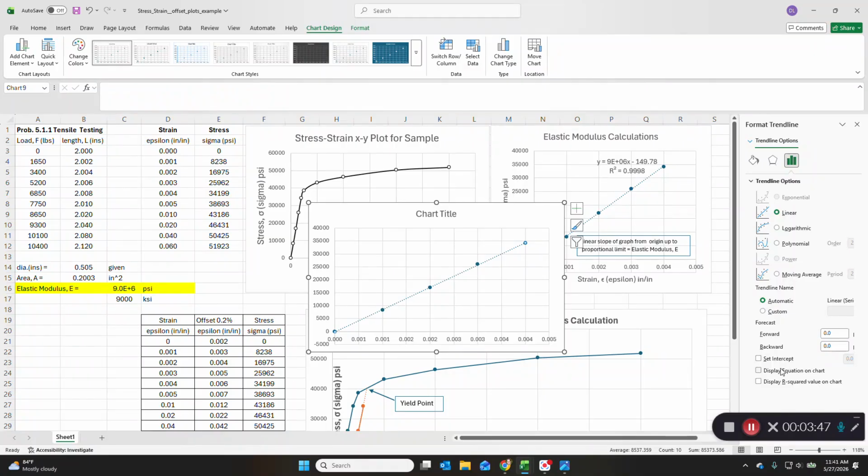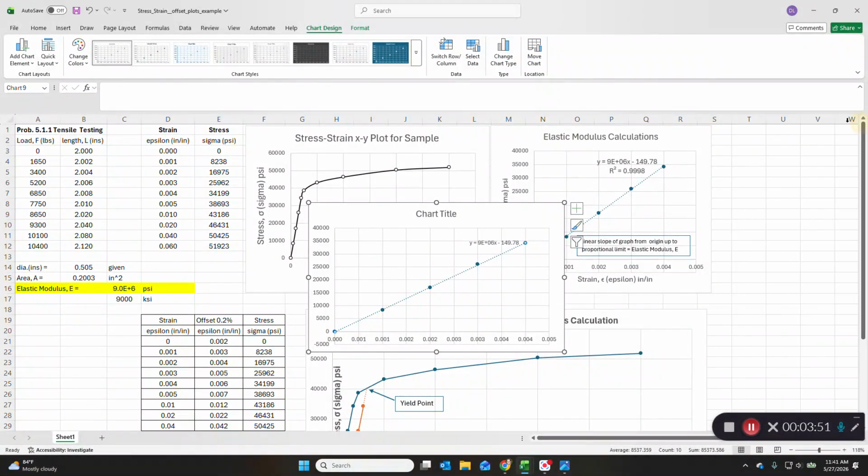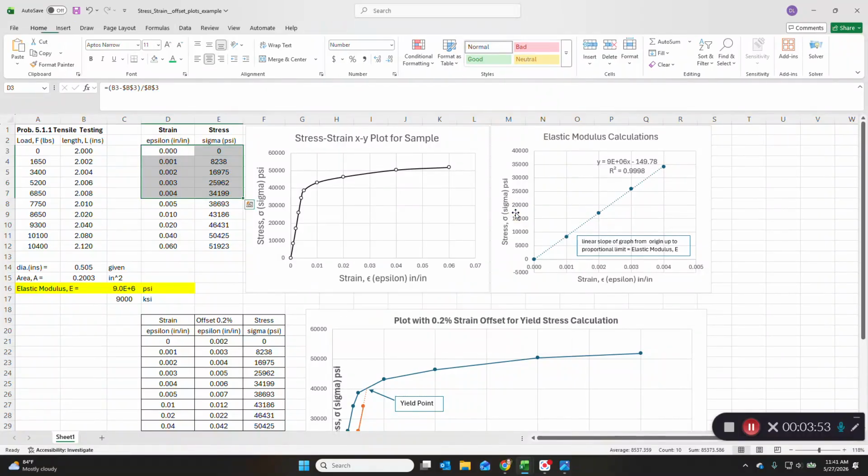And then you want the equation, because the equation of this trend line is the slope of the line, which represents the elastic modulus, which you're trying to calculate. And the slope of that line is 9 times 10 to the 6 psi, which is 9,000 ksi. So that's the elastic modulus. It's the linear slope of the graph from the origin up to the proportional limit. And we use the first 5 data points for that.